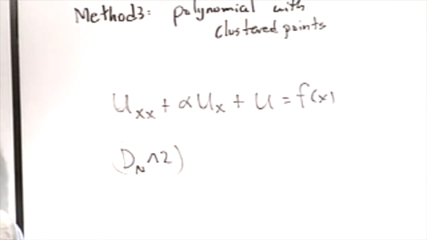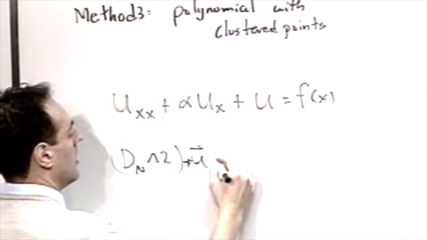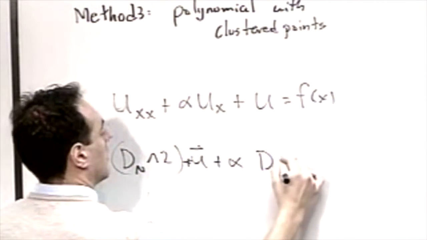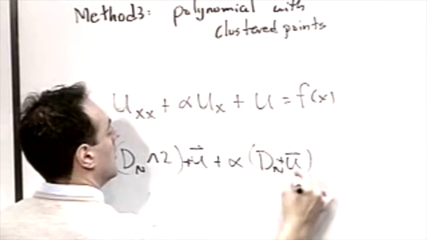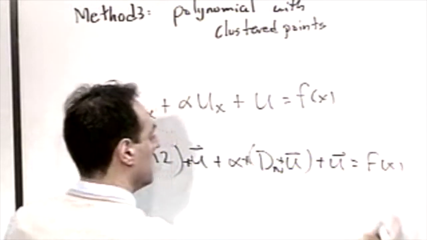There's 2 derivatives. Right? You want an nth derivative? Raise it to the nth power. So this matrix, once you have 1 derivative, you can get all of them very easily. Okay? Then you could do that, and then plus alpha DN times u. What is that? Equals f of x.